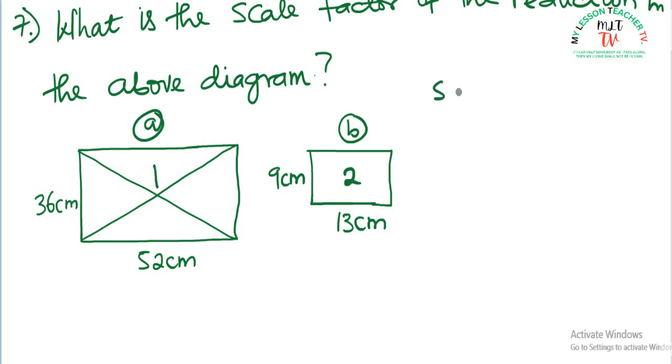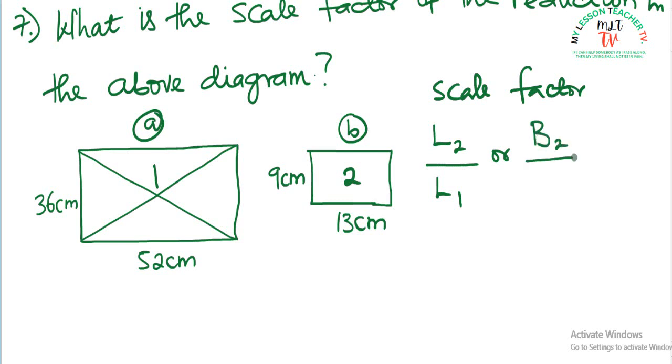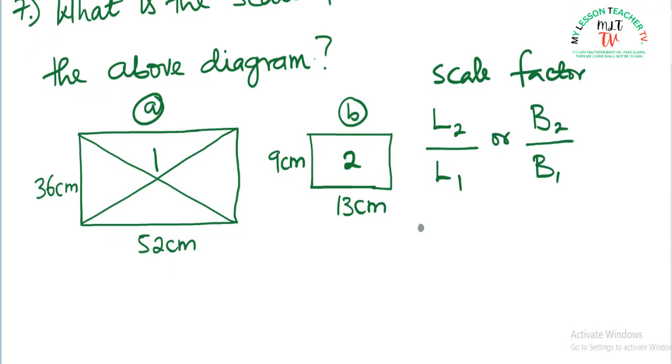So for you to find the scale factor, this is said to be the ratio of L2 divided by L1 or B2 divided by B1, because it is said to be a reduction scale factor. So for the length of L2, this is said to be 13 centimeter by 52 centimeter, and this must be equal to 9 centimeter by 36 centimeter.